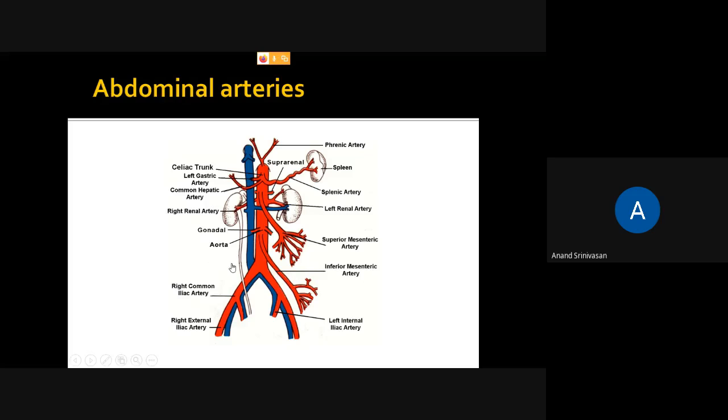Now this common iliac artery divides into the right external iliac artery and internal iliac artery. Similarly, on the left side, external iliac artery and internal iliac artery, just like the carotid artery. You have seen the carotid artery, right? Common carotid dividing into external and internal.